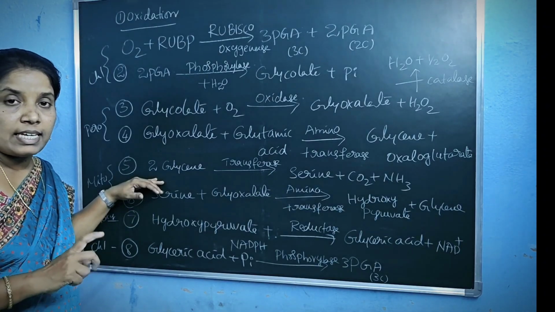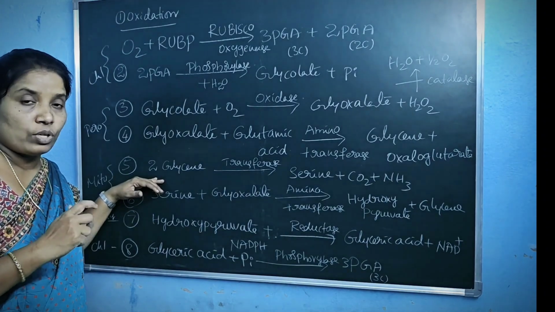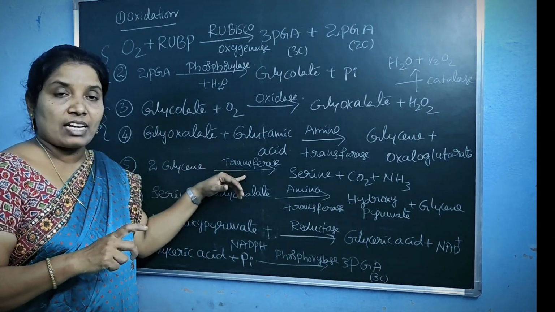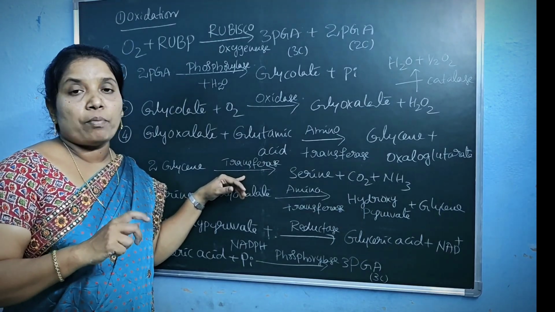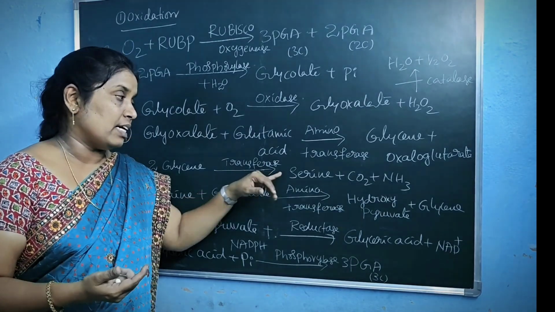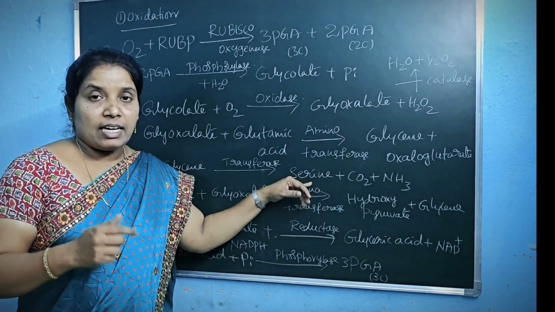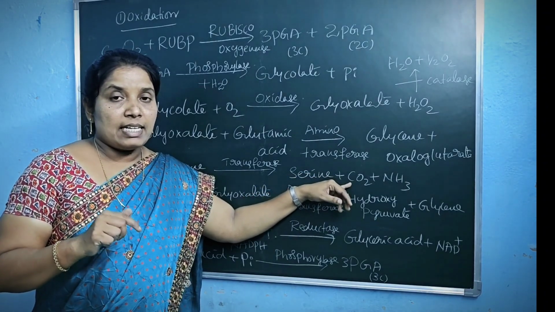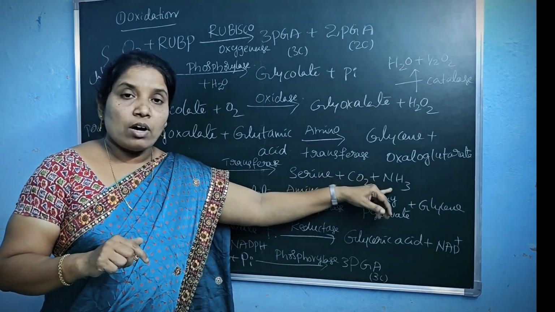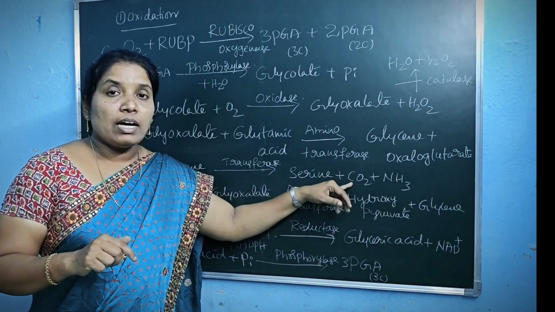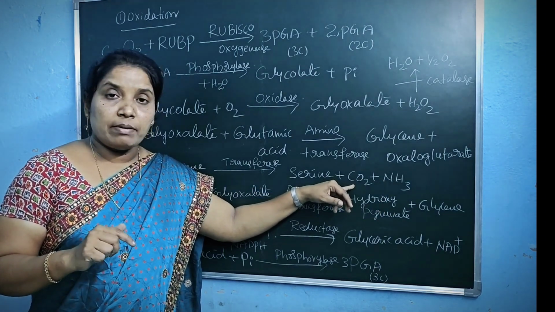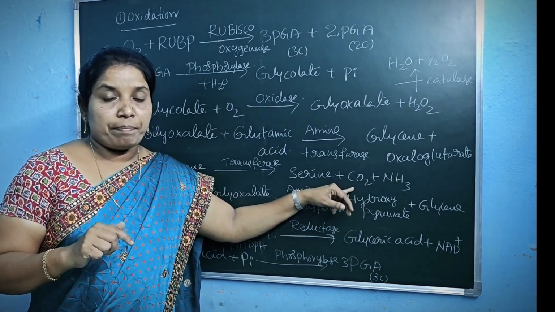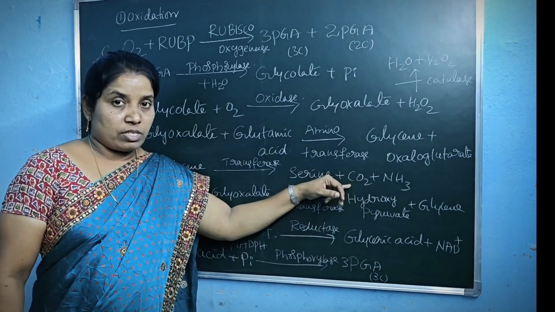There two glycine amino acids combine together with the help of an enzyme transferase, resulting in the formation of another amino acid, serine. In this step, carbon dioxide is released and ammonia is also released. Due to the release of carbon dioxide in mitochondria, this step is called photorespiratory oxidation.